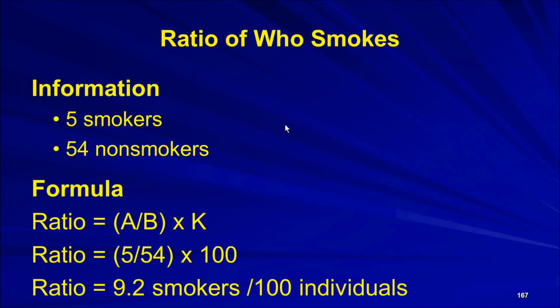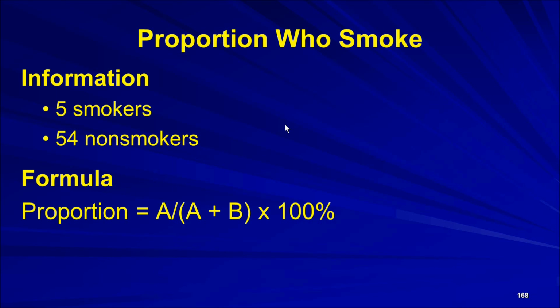Okay? Last, proportion. Now we have the same information, and the proportion says if we look at, we have an A, so we know that whatever is in the numerator is going to be in the denominator plus something additional times 100%. Okay, so we know we have 5 smokers, right?